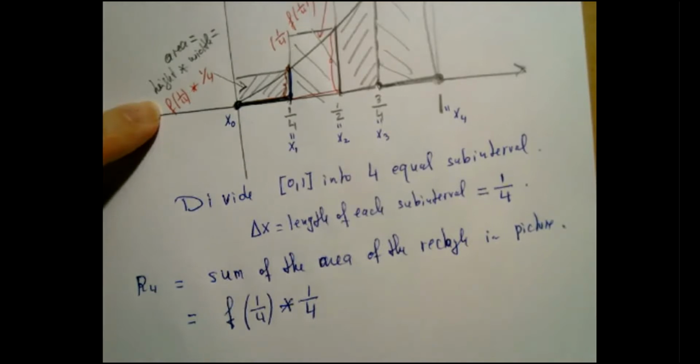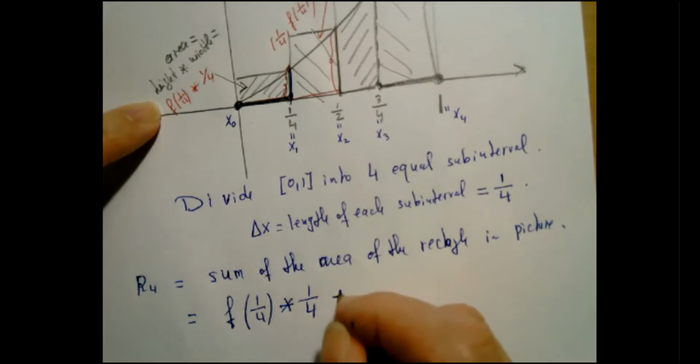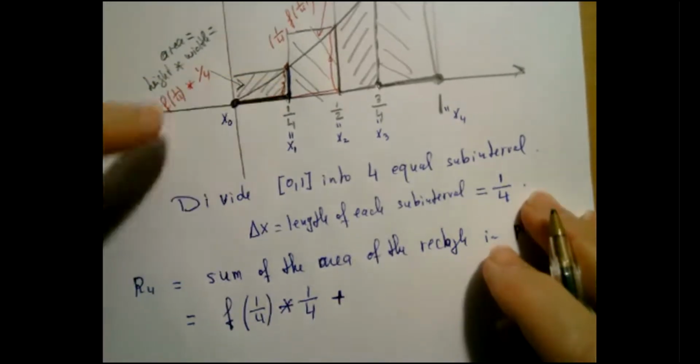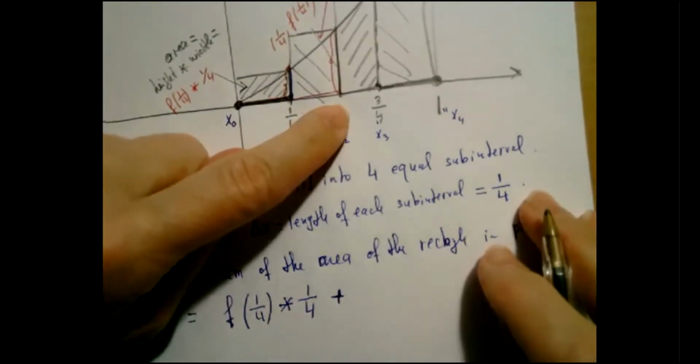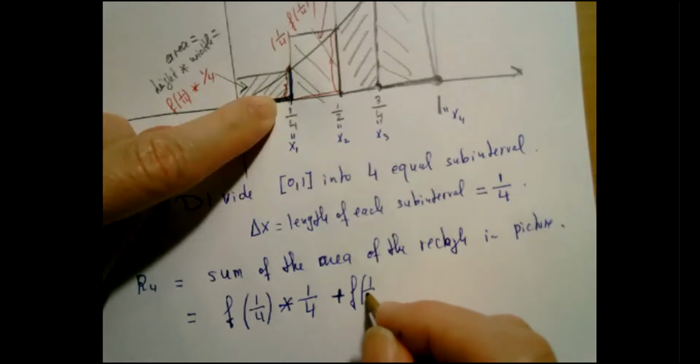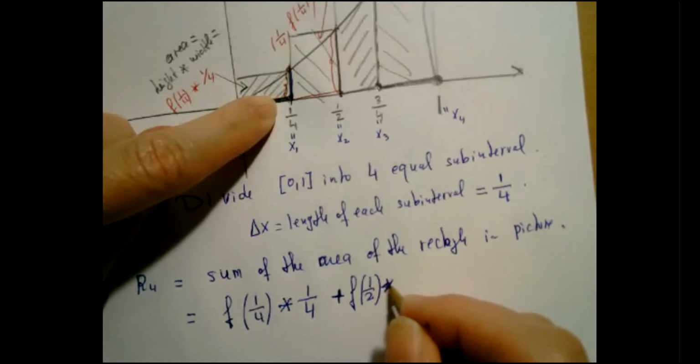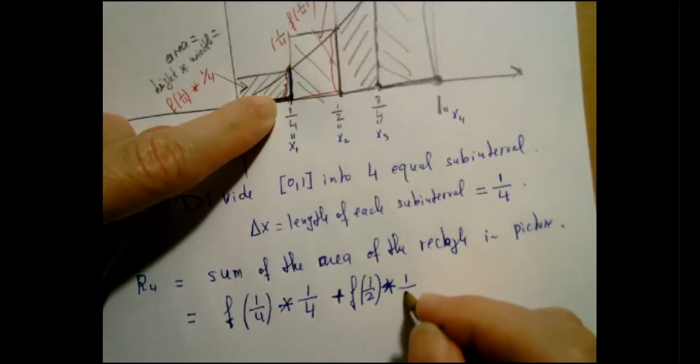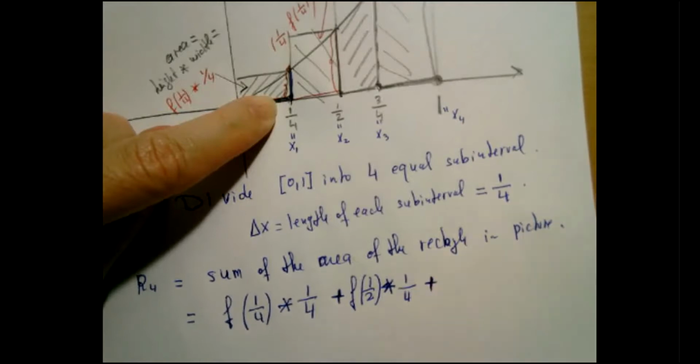That's the first rectangle. Plus, what's the area of the second rectangle? It's the value of the function at 1/2 times the width, which is 1/4.